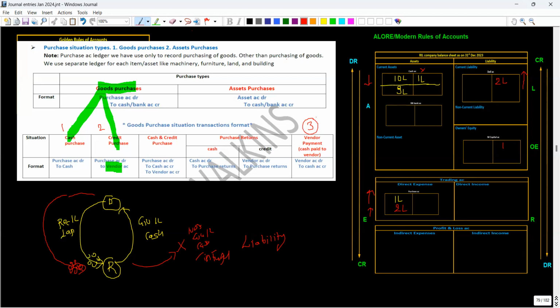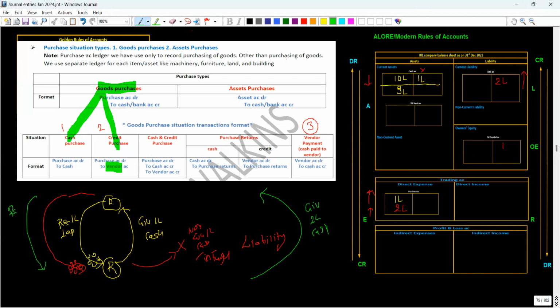Okay. So in this situation, what will happen? In the third situation, is the company going to give the cash or not? Yes. One half of the answer is clear. In situation 3, the company is giving cash, 2 lakhs rupees cash. Against giving this 2 lakhs rupees cash, what is the company going to get?